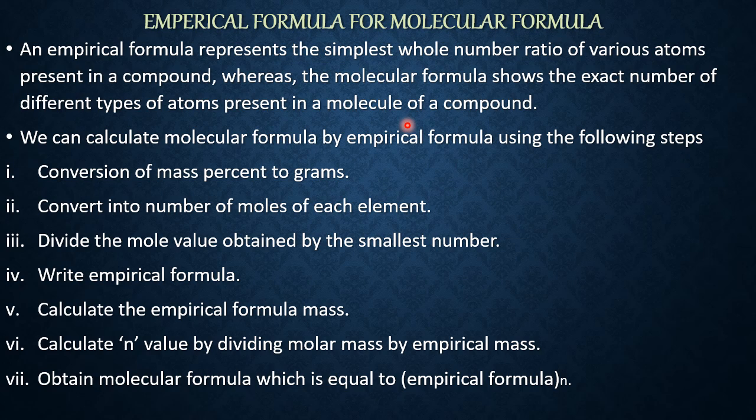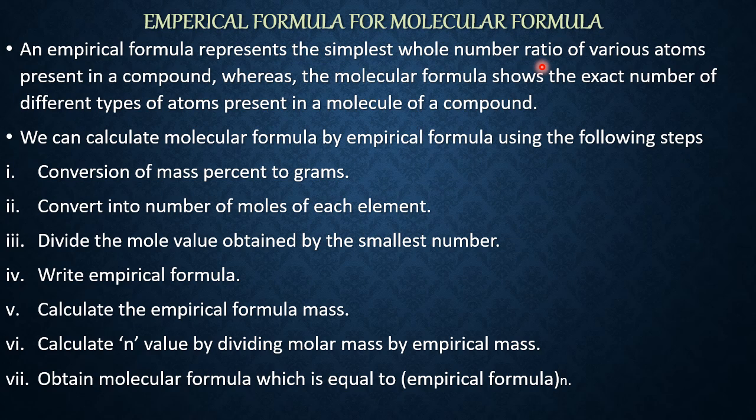Molecular formula for benzene is C6H6, whereas empirical formula for benzene is CH. Means what? See the definition. Empirical formula represents the simplest whole number ratio. Simplest form of 6:6 is 1:1.